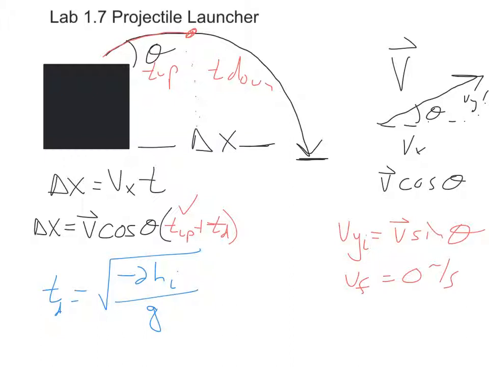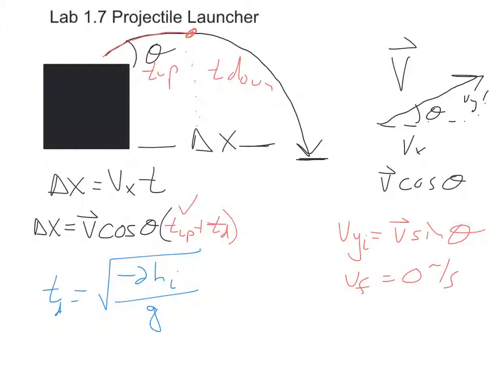I add that change in height to my initial height because I'm increasing from the height of the projectile launcher to the new height, and that new height is going to get plugged in right here, and then I use that to find the time that it takes to go down.